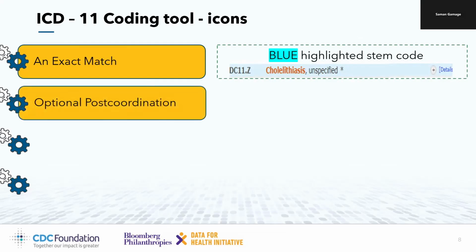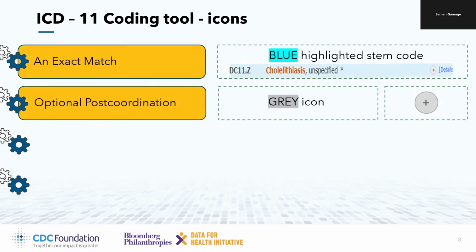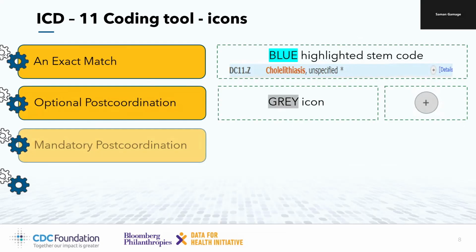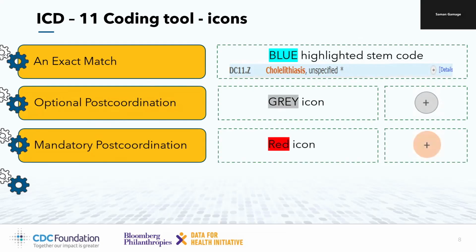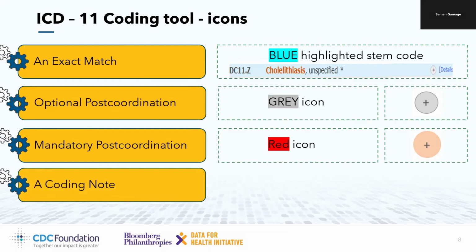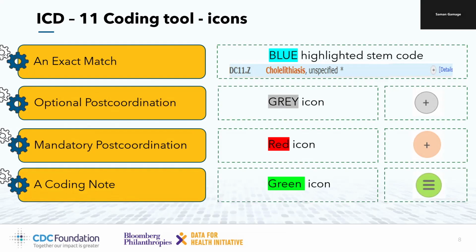When optional post coordination is suggested, it is indicated by a gray plus icon. When the post coordination is mandatory, it is indicated by a red plus icon. If there is a coding note that coders should read and understand or follow, the coding note is indicated by a green icon.